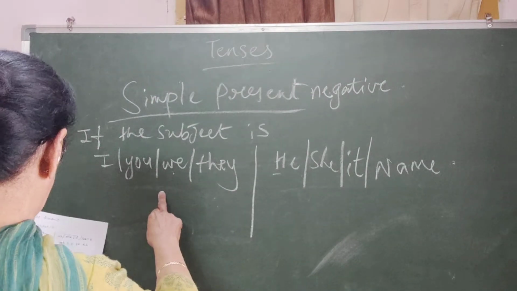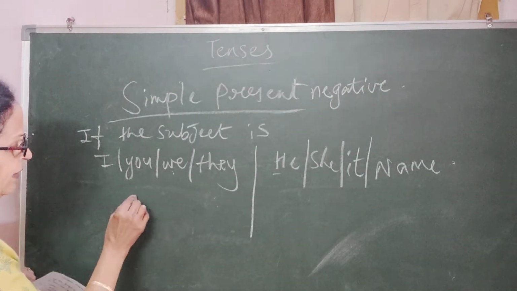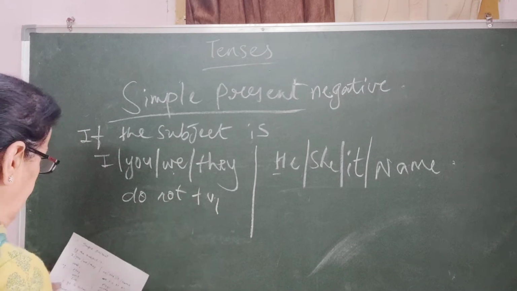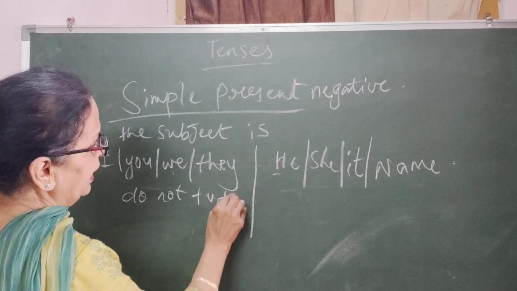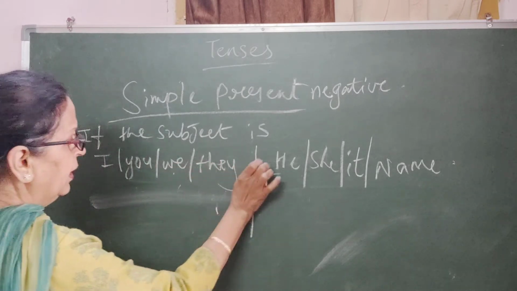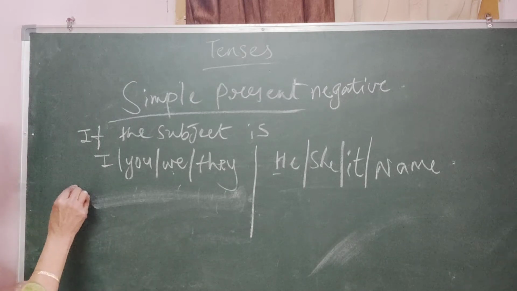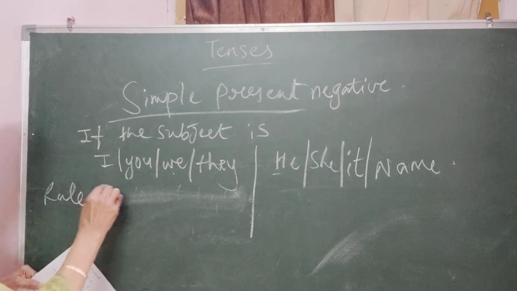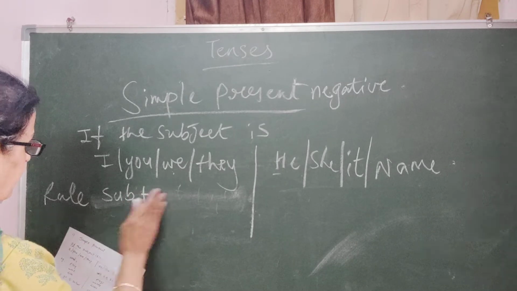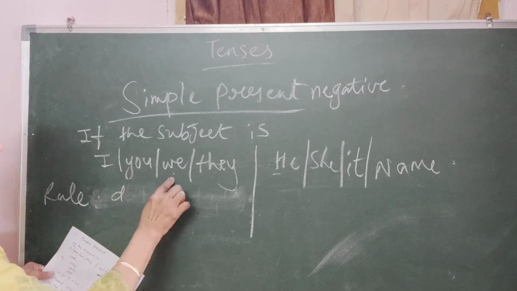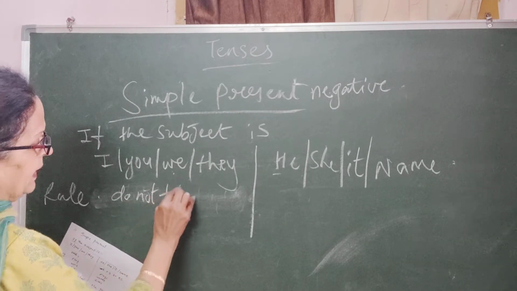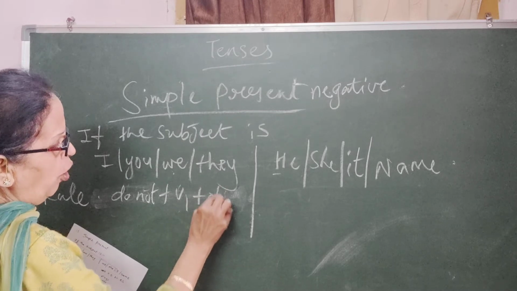So if the subject is this, the rule applied is we have to apply do not plus verb in the same position and the object. You only have to look into the subject. What is the rule over here? Rule is subject plus, if these are the subject, it will be do not plus verb 1 and the object.